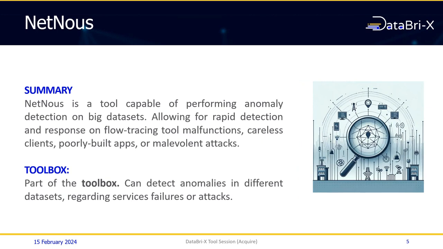This tool works well also in masked data, as in IoT datasets with addresses that were masked by the anonymization tool, so it can work perfectly with the previous tool. And its algorithm was specially designed for anomaly detection in big telco datasets, allowing for a rapid intervention on compromised systems.